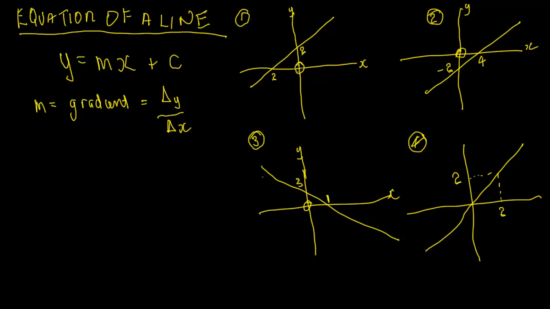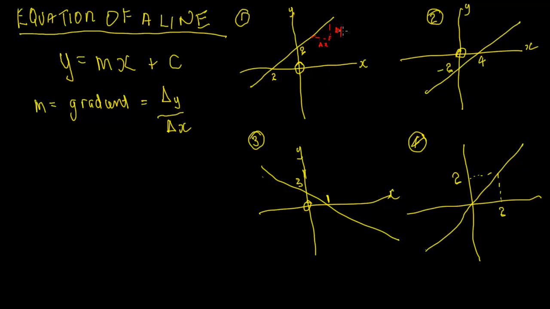So that's the delta y there, over that there. You can go to any position in the graph, if you've got your graph nicely plotted accurately, to work out the gradient, delta y over delta x.